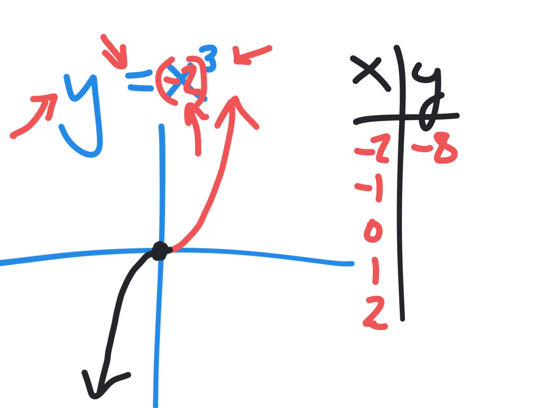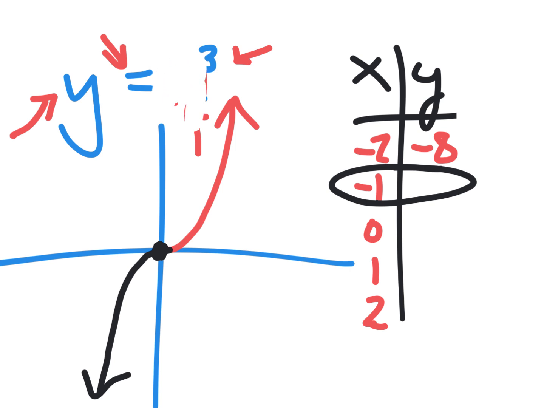For those just arriving, start with a blank notability doc, and we are finding points on a new parent function. Stick in -1 into x to the third. I'll erase this to make it easier to see the problem.